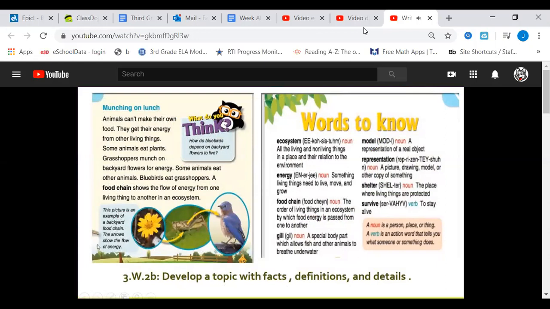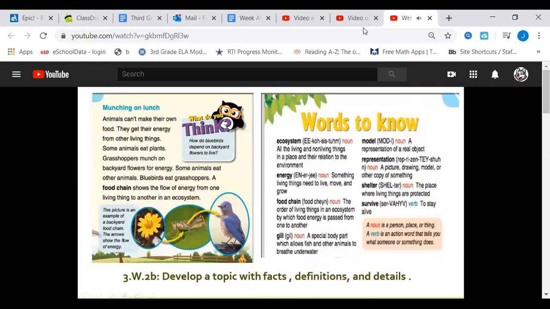The arrows show the flow of energy from the plant to the insect to the bird. So drawings also can be known as models or illustrations. Using arrows to show the direction of the food chain or the life cycle is a strategy to use that helps with our facts and our details.